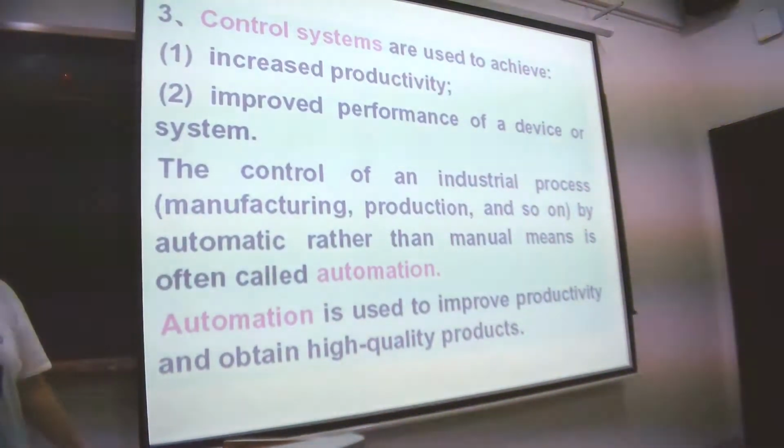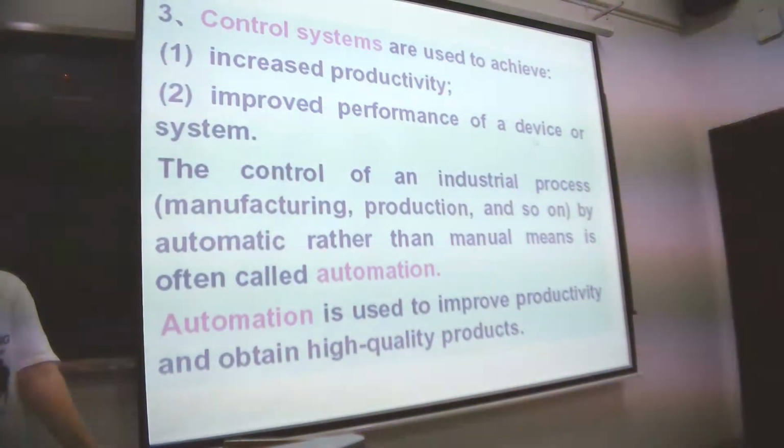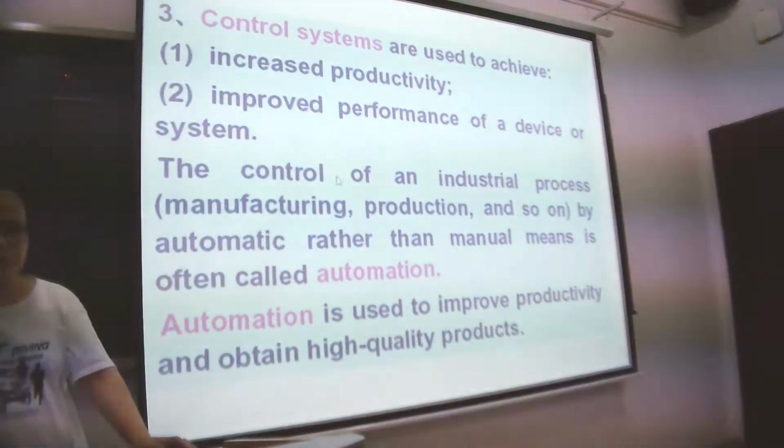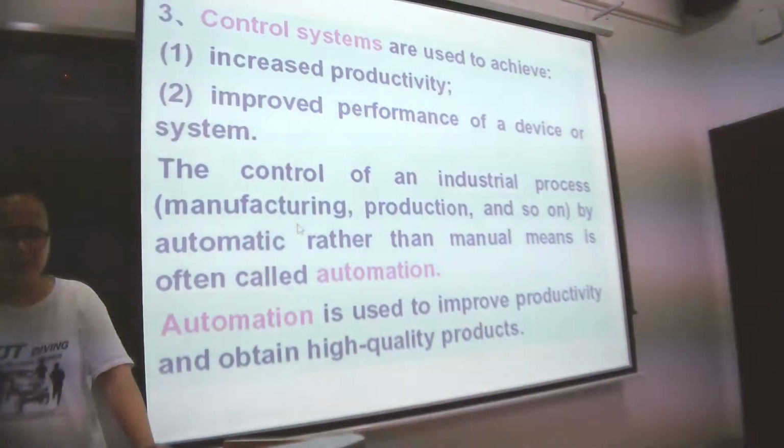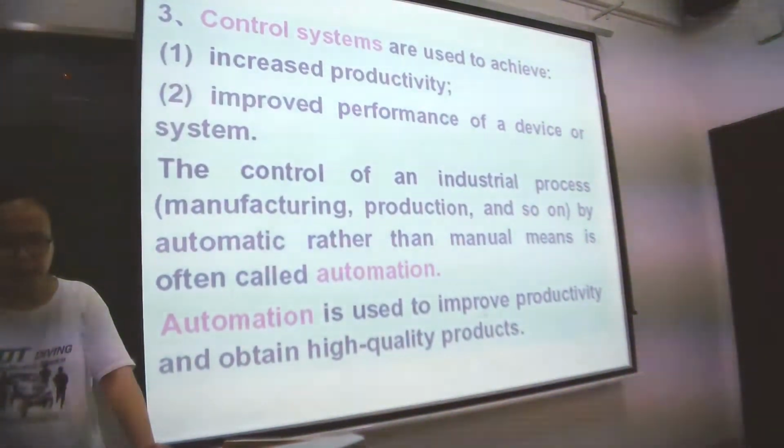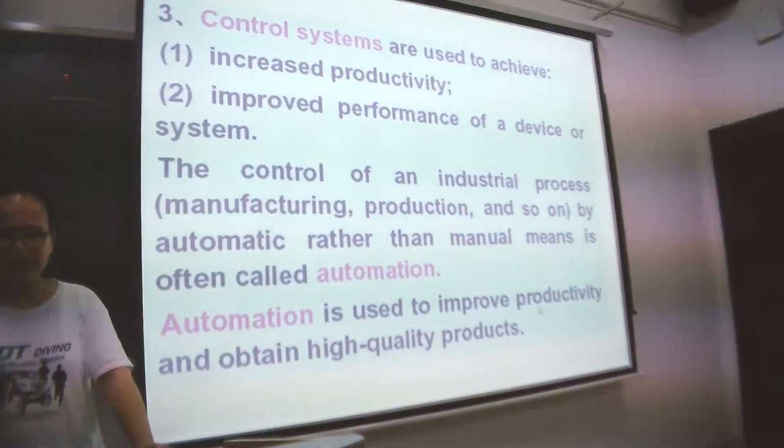So it's the same meaning: it improves the performance of a device or system. The control of an industrial process by automatic rather than by manual means is often called automation. So automation is used to improve productivity and obtain high quality products.